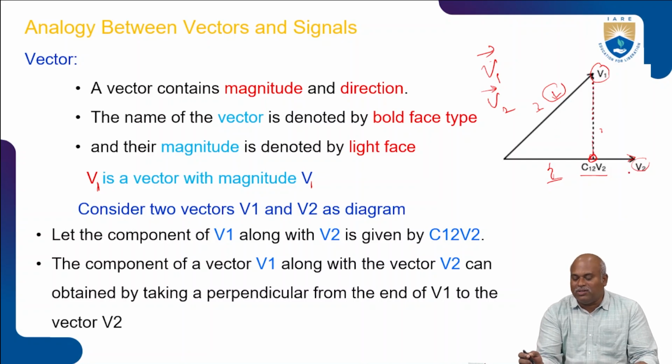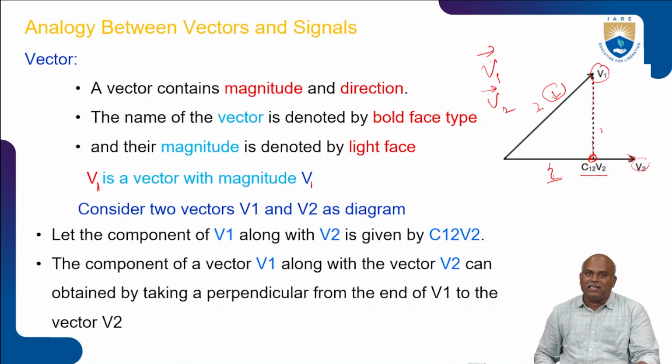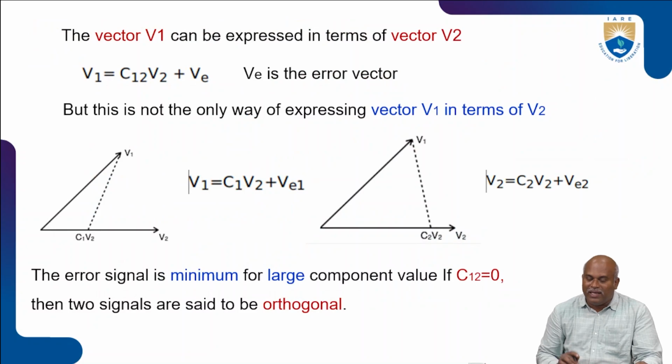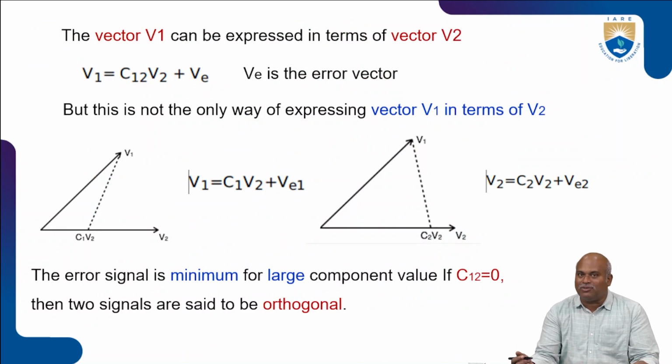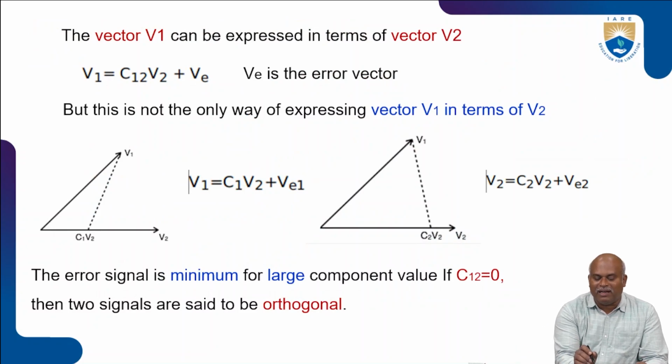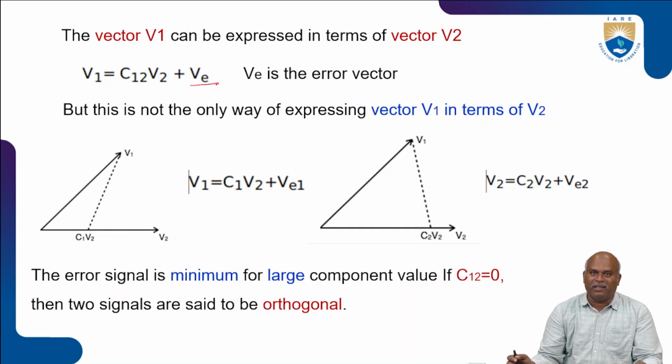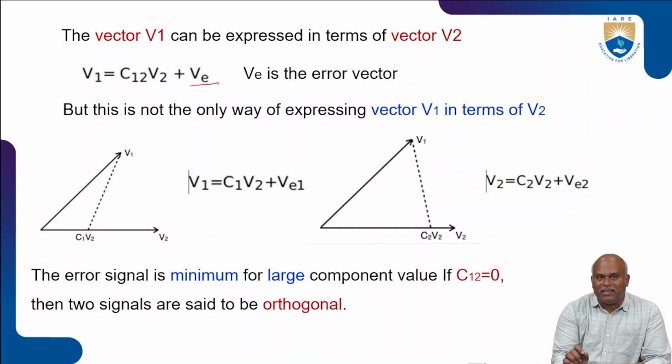The length is reduced, so based on the reduced condition some deviation happens. That deviation we call the vector error. So, to conclude, for the vector expressed in terms of V2, I write vector V1 is equal to C12 V2 plus Ve.